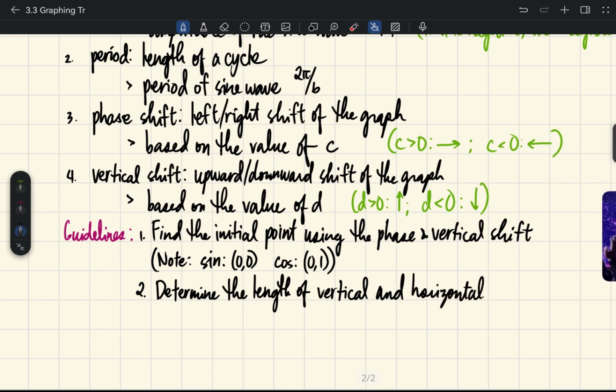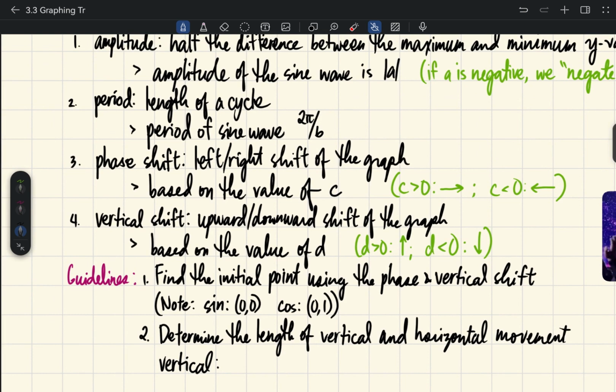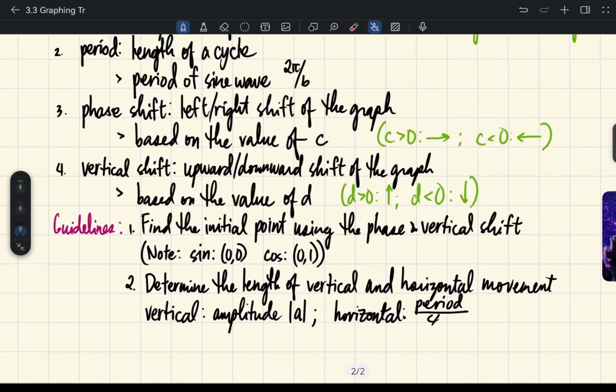So how do we determine this again? For the length of your vertical movement, you have your amplitude. That's the absolute value of A. And for the horizontal movement, that would be your period divided by 4.